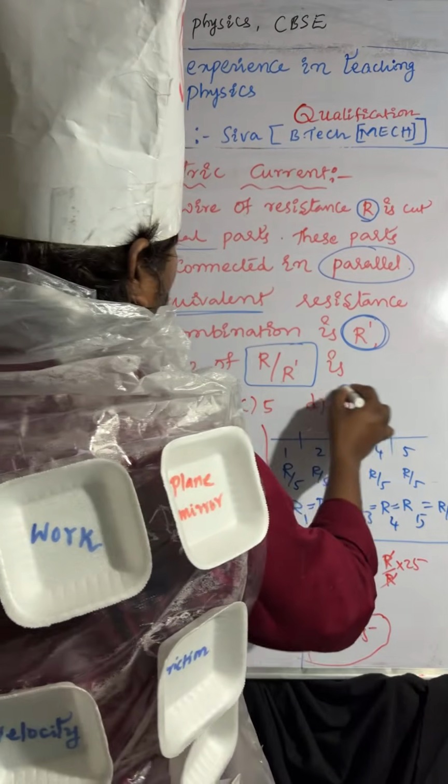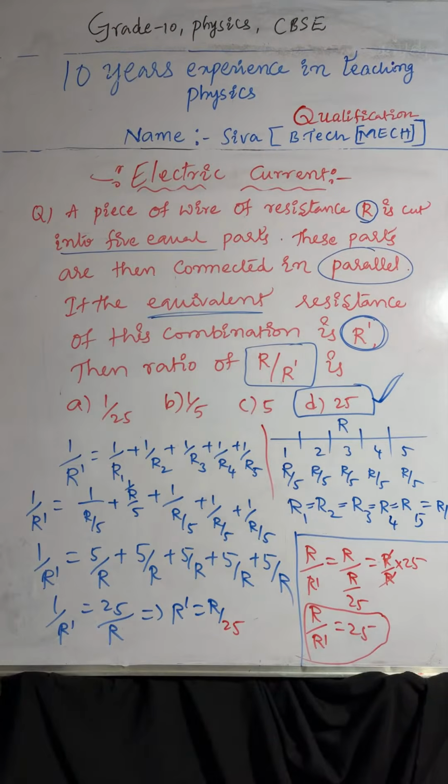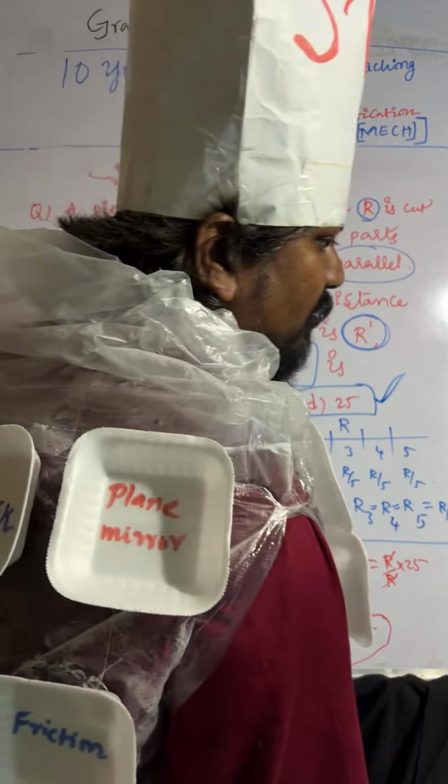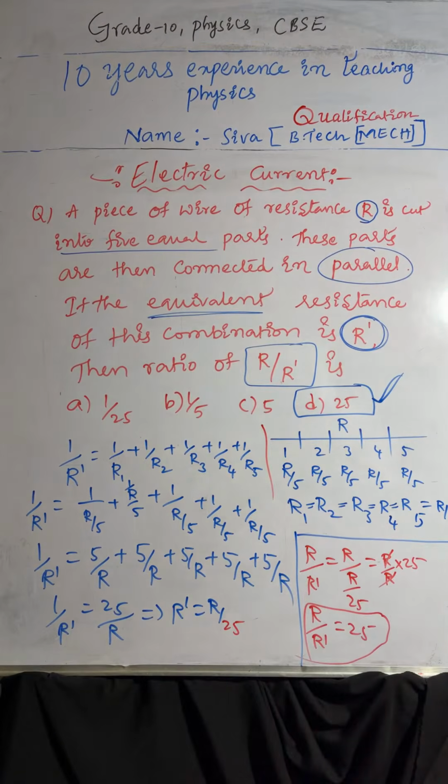Is it correct or not? So let me know the answer. Is it correct or wrong? Check once. So R by R dash is 25. Is it correct? A piece of wire of resistance R is cut into 5 equal parts. These parts are then connected in parallel.